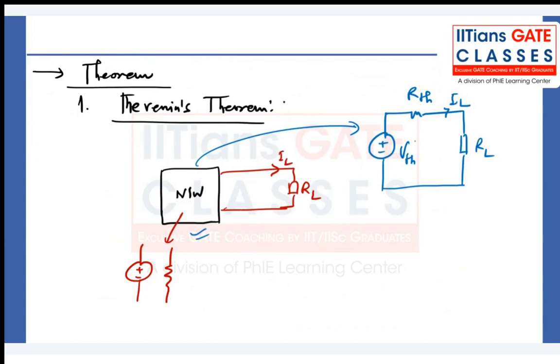How to calculate VTH and RTH is the next question. By looking from this side, the big network is seen as VTH and RTH, and then you connect back RL and find out.